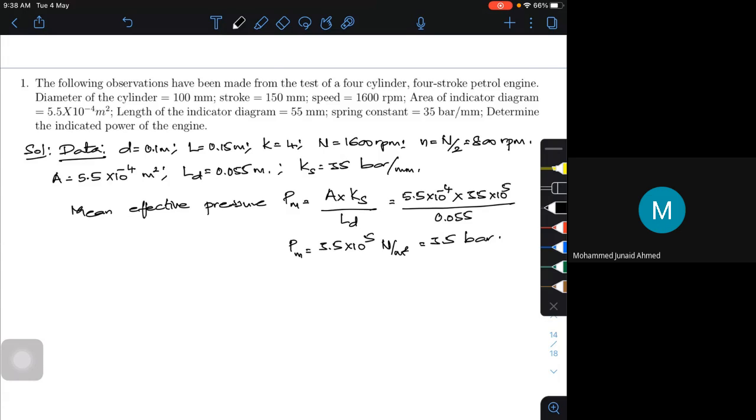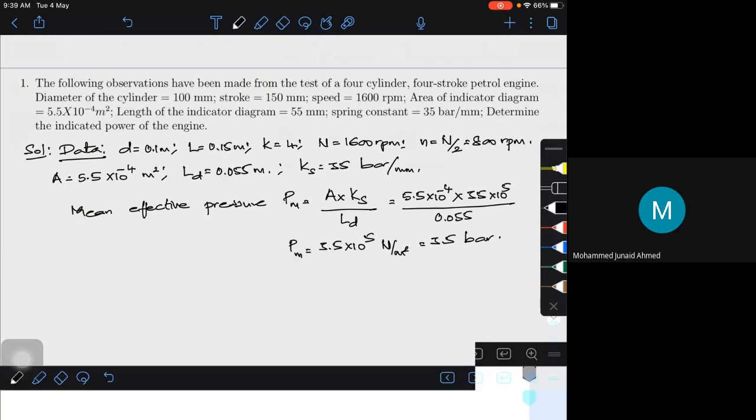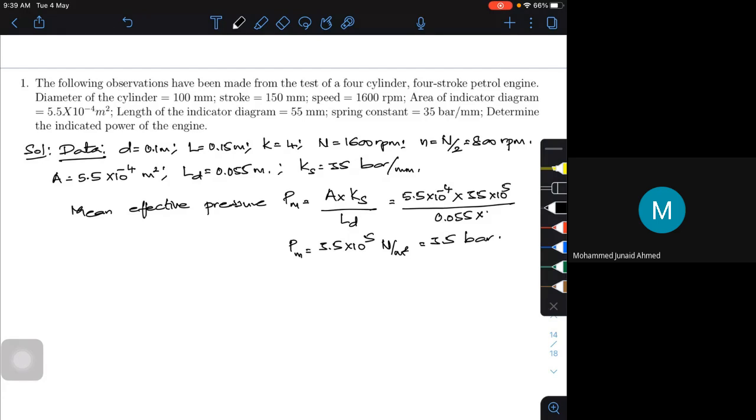So this will be 5.5 into 10 to the power of minus 4 into 35 into 10 to the power of 5 divided by 0.055 divided by 1000. I should get around 3.5 bar, so the calculations have gone wrong.